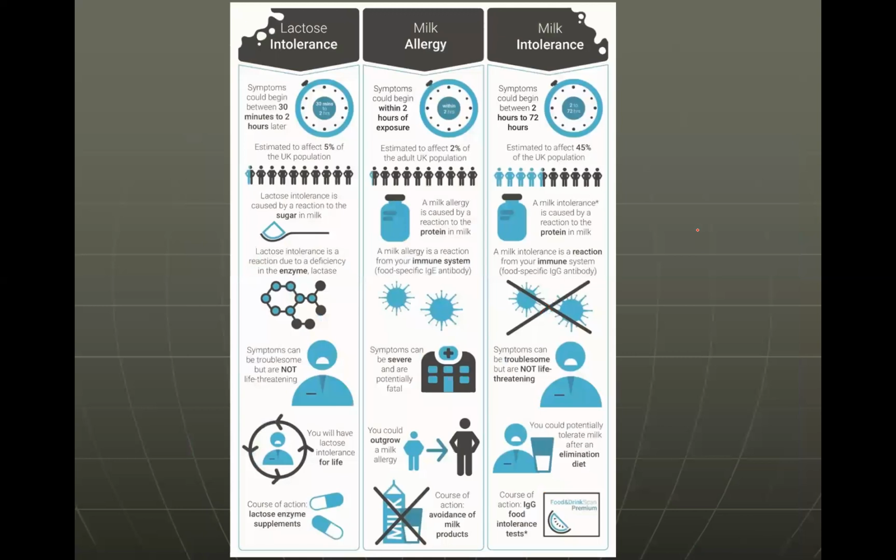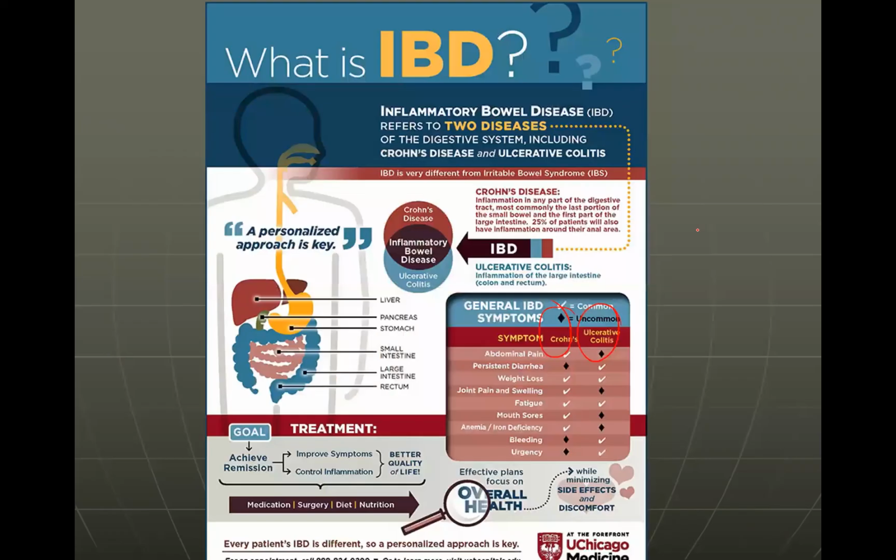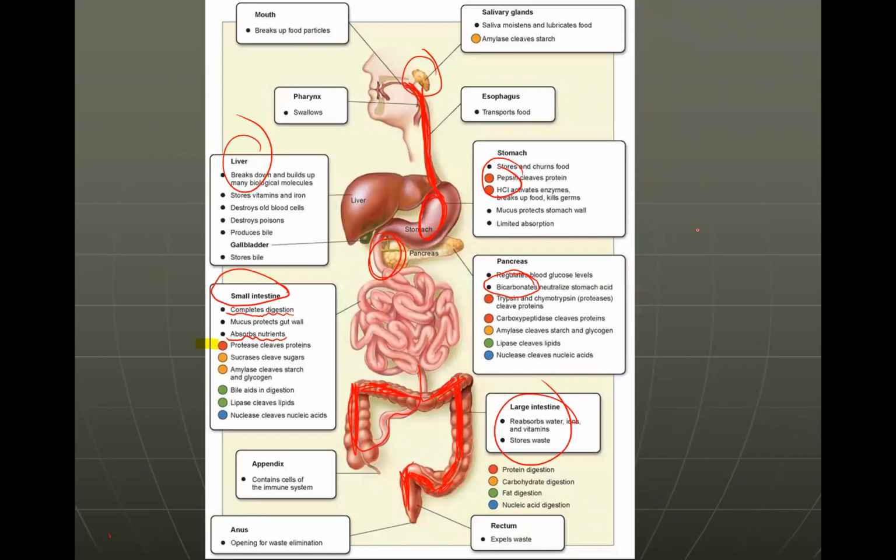Now, what is this? We talked about this last time. This is when you're missing an enzyme to break down lactose. So if we go back to this slide, in your small intestine, we talked about enzymes getting dumped in there from the pancreas to help break up nutrients into the smallest possible units.